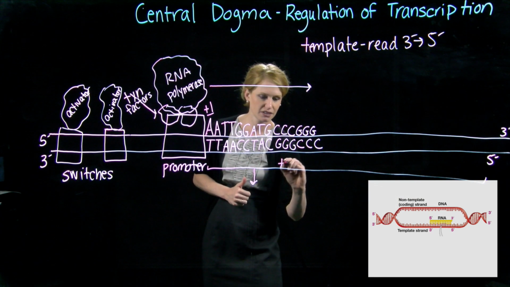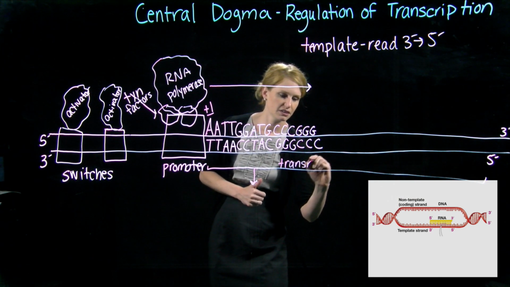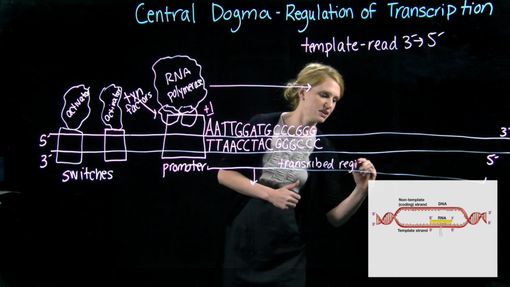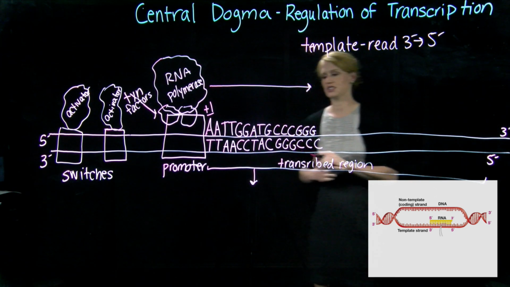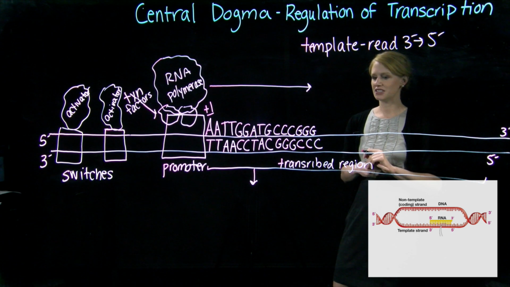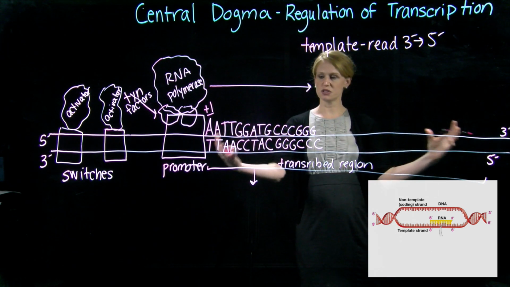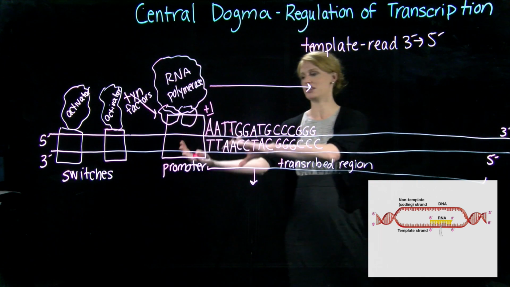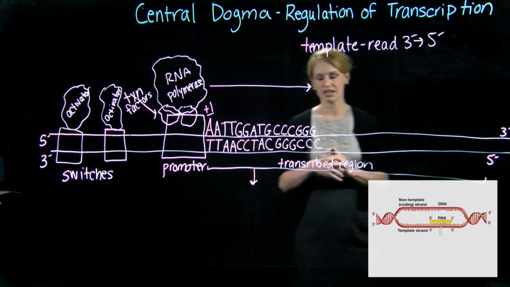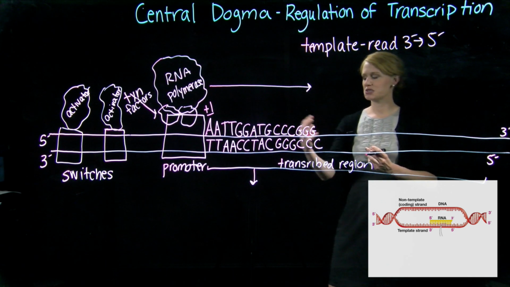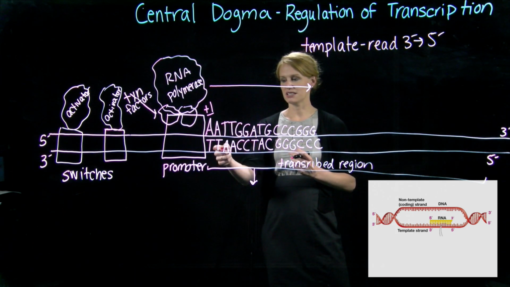So here is going to be this transcribed region of the gene. Now a gene actually includes both the transcribed region and the promoter, just by definition. So RNA polymerase sits down on the gene and starts transcribing at the +1 nucleotide.